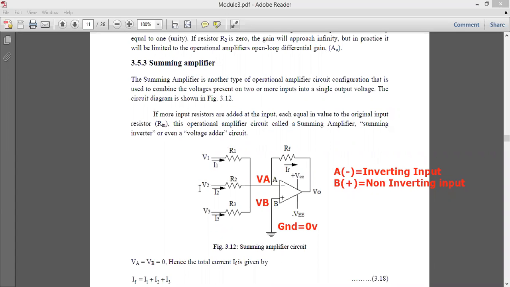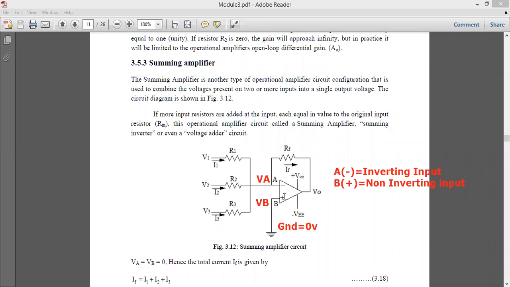Basically, what a summing amplifier will do is add all the voltages, that is V1 plus V2 plus V3, and give you the voltage V0. The important thing in the summing amplifier is which type of connection you are using: non-inverting or inverting.